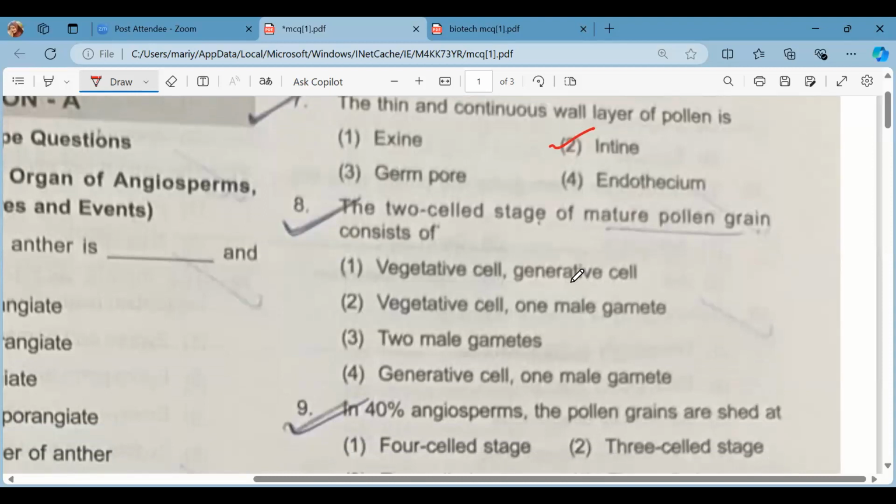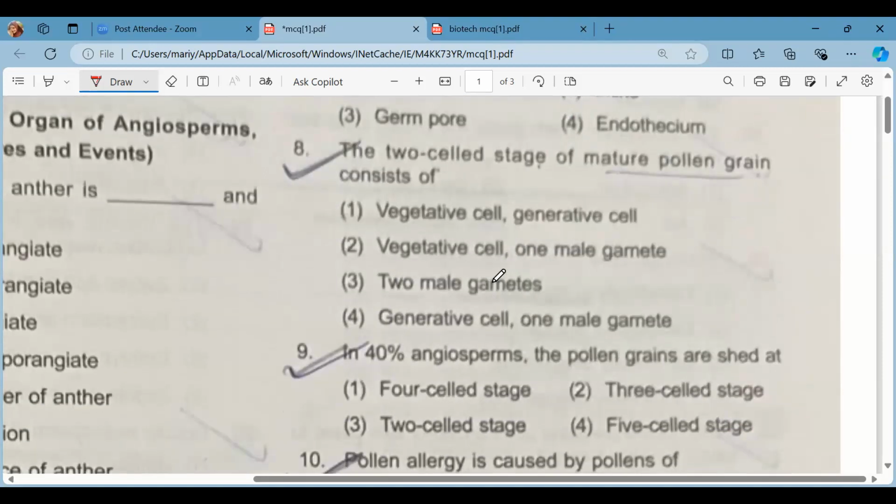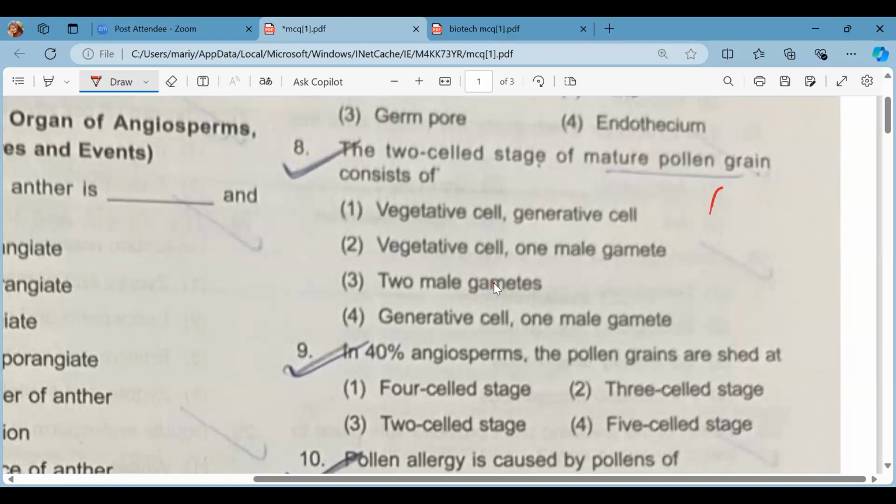The two cell stage of a mature pollen grain consists of what two cells? I don't remember this one, ma'am. This is the pollen grain, and then there was a structure like this. Now you remember? One is the vegetative cell and the other is the generative cell.